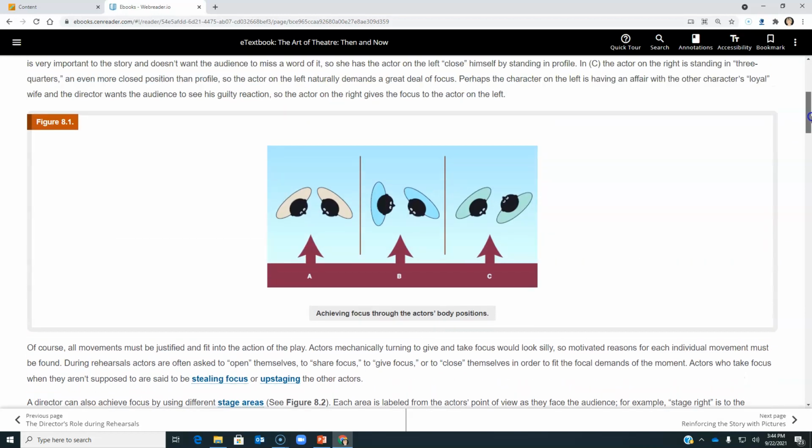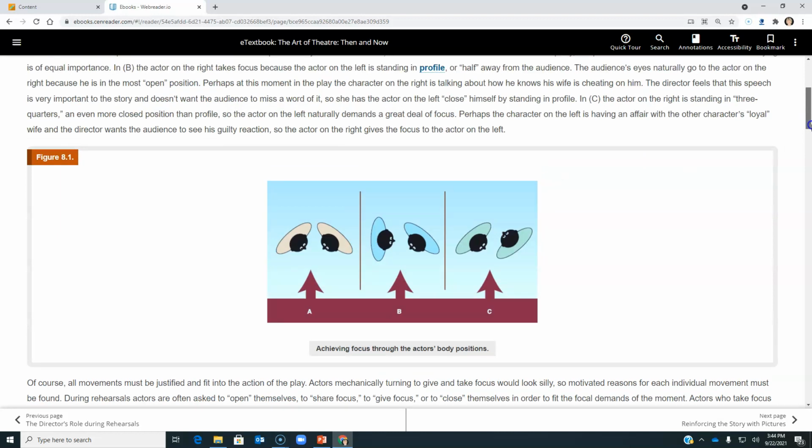Once they stand in that spot, and this is a bird's eye view, you also tell them where they need to look. Should they look towards the audience? Should they look to the side? This position A, they call cheating a little bit, because these two characters are talking to each other, but we need to be able to see their faces, so they tilt their body a little bit to quarter focus, quarter out focus.